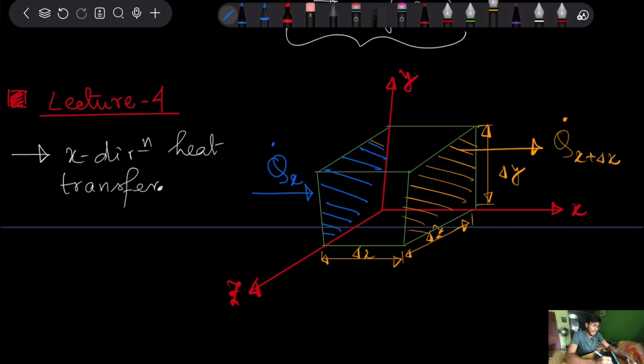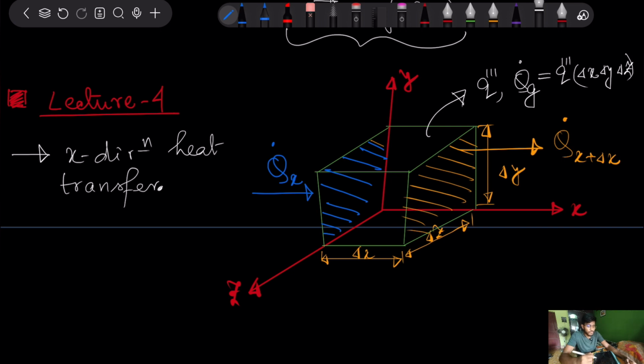And I have my uniform volumetric heat generation rate as q triple prime. Therefore, the total heat generation in this control volume is q triple prime into the volume, that is delta x, delta y, delta z. Clear?